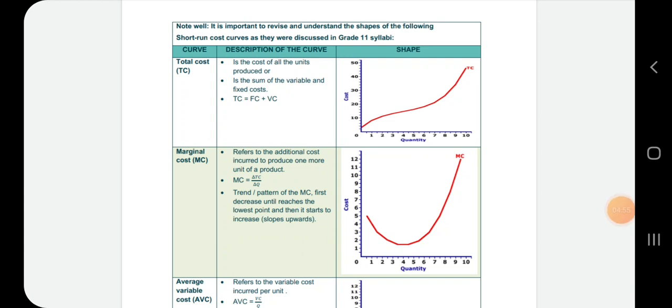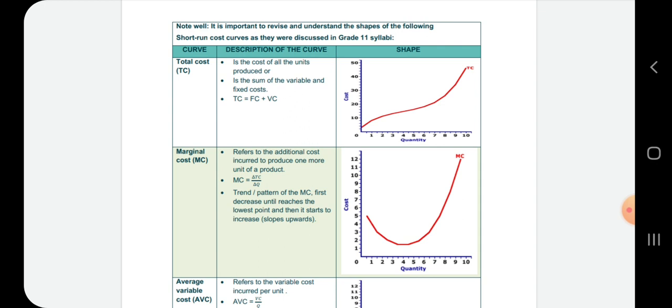Now it is important to revise and understand the shapes of the following short run cost curves. So this is not a revenue curve, but short run cost curves. We have total cost. In a business, in a factory, for instance, we have fixed costs and variable costs, right?